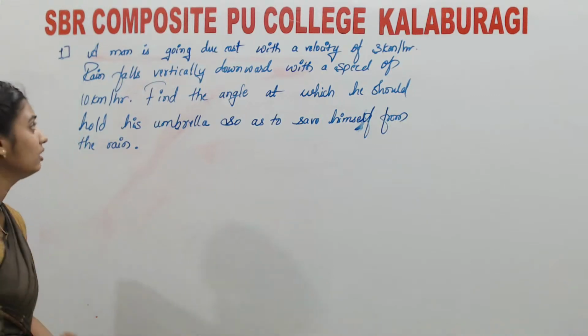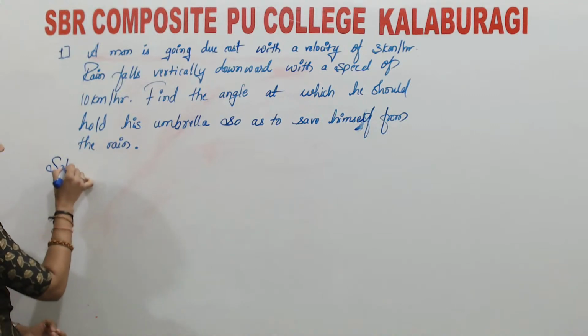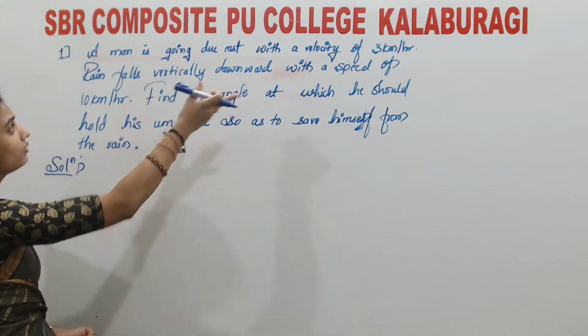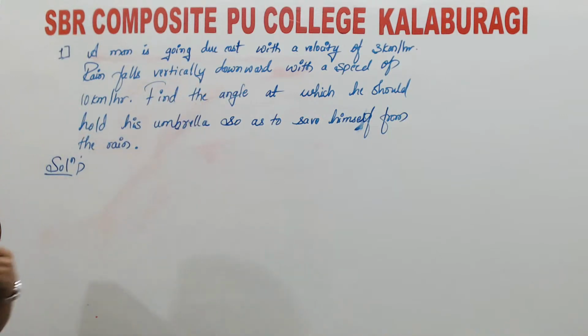Here we have to solve this by first considering the given data. They have given that a man is moving due east with a velocity of 3 km per hour. Let me put the diagram for this again.